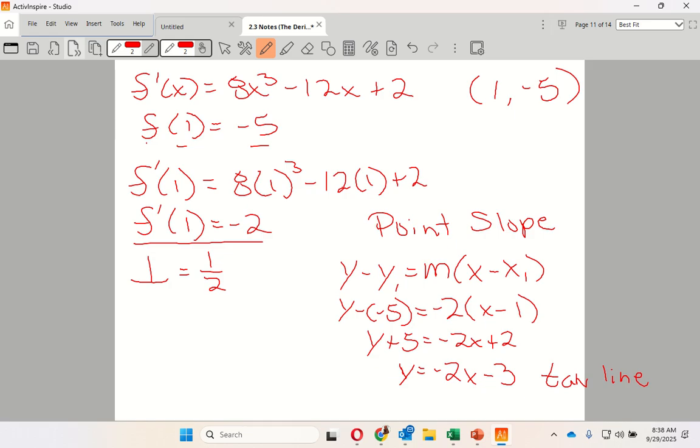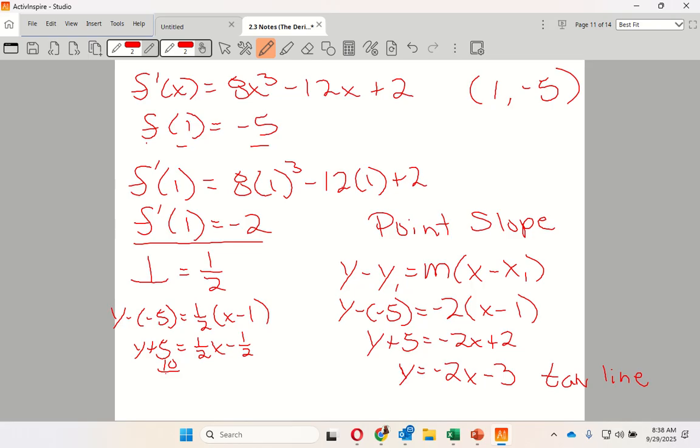And now we plug this into point slope again. So I'm going to have y minus negative 5 equals 1/2 quantity x minus 1. Y plus 5 equals 1/2 x minus 1/2. I'm going to add 10 over 2. I'm sorry, subtract. So I'm subtracting 10 over 2.